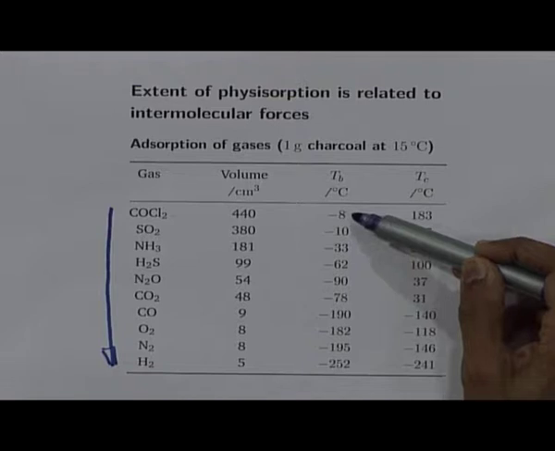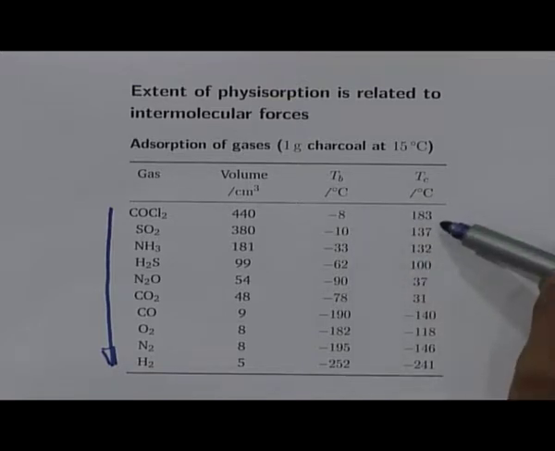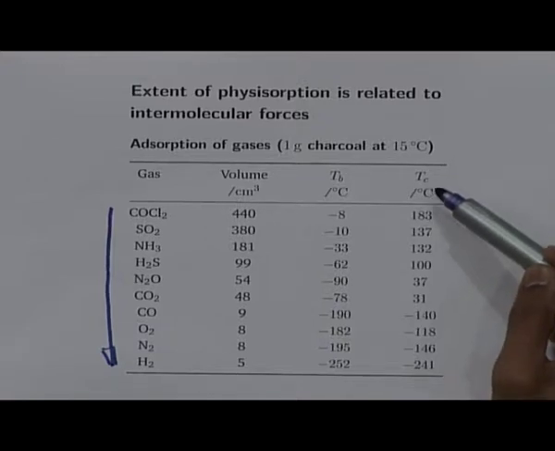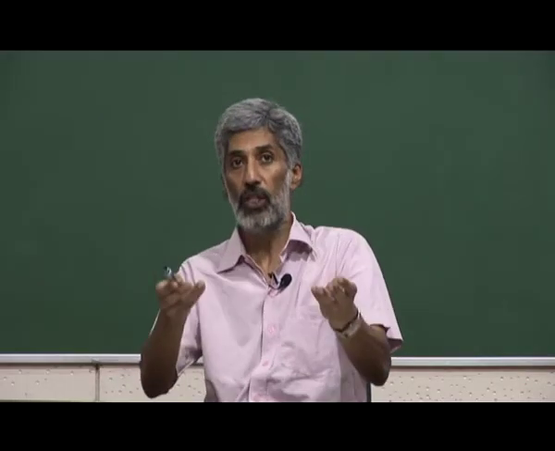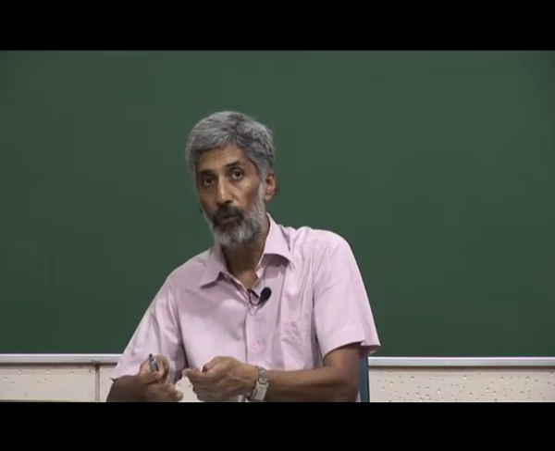So, phosgene has the highest boiling point. It also has the highest critical temperature, and we also know from our studies of the states of matter that the critical temperature is a measure of how easy or difficult it is to liquefy a gas, and liquefaction of gases arises as a result of intermolecular forces.